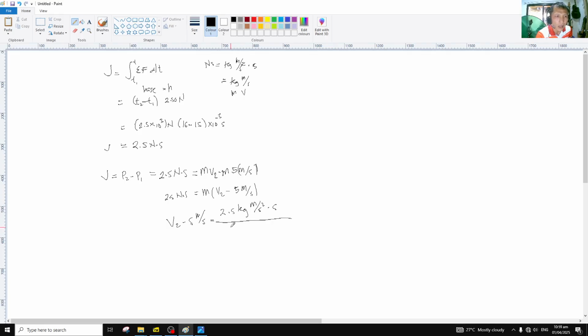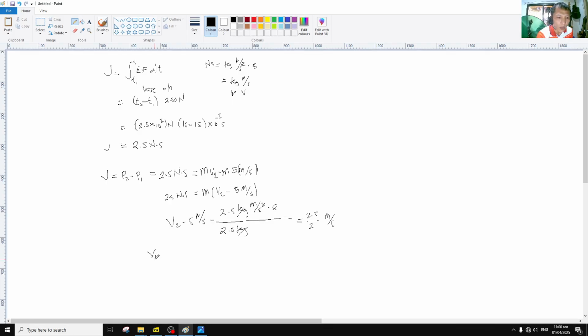The mass of the object is 2 kilograms, so the kilograms cancel, and you have meters per second, which is 2.5 over 2 meters per second.